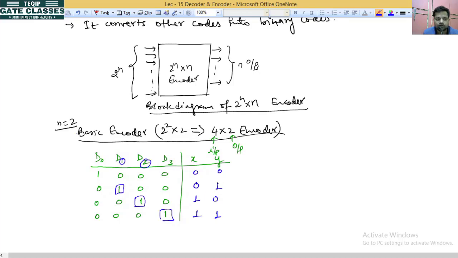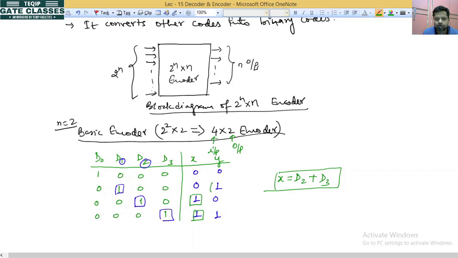So if you want to write the functions for the outputs, x will be, corresponding to this x, we have D2 plus D3, so it is D2 plus D3.